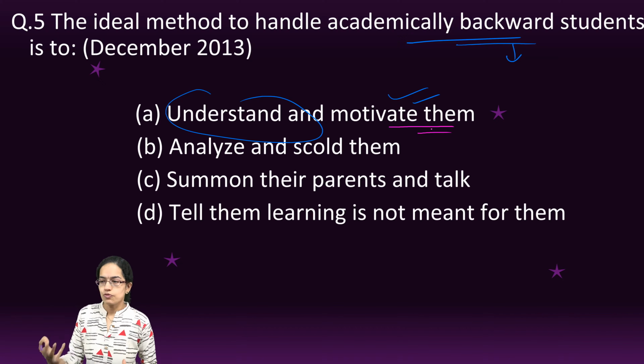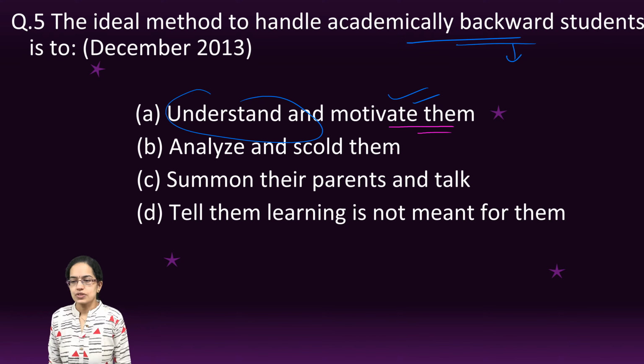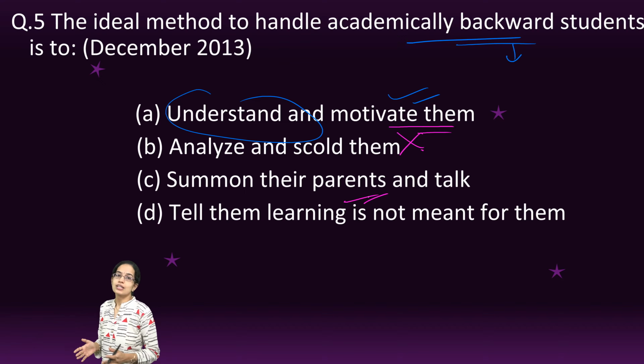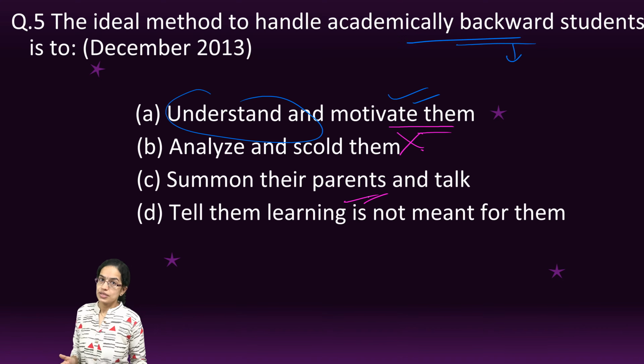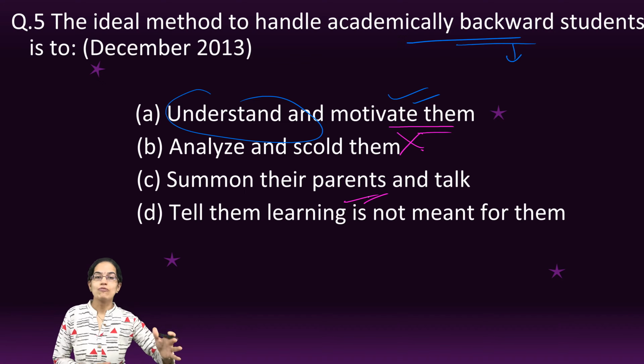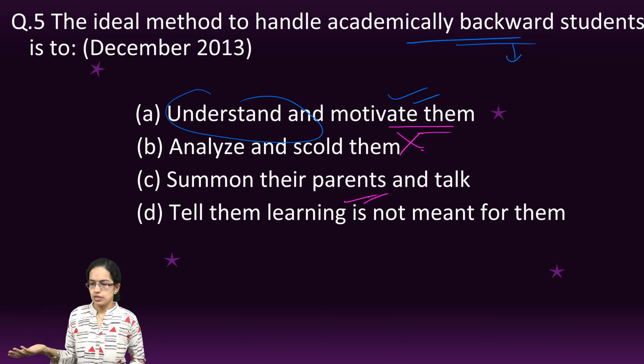So you have to find out. Scolding them is definitely not a good option because it's a kind of negative reinforcement. A negative association would be developed. Also, talking to the parents: if the parents were able to solve it, then definitely the child would not have been academically backward. So it's a requirement of a teacher to understand what actually the problem is with the student and motivate them to work further.